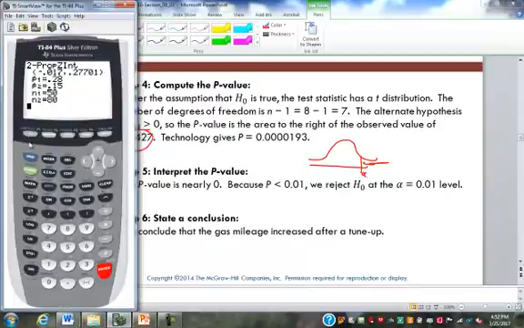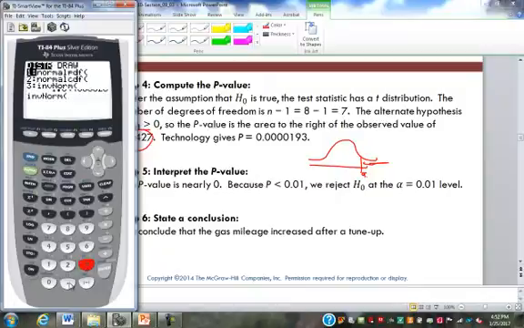So on my calculator, I'm using an inverse normal. Oops, sorry, not an inverse normal. I'm going to try that again. I would use a normal CDF, 9.1427 to positive infinity.